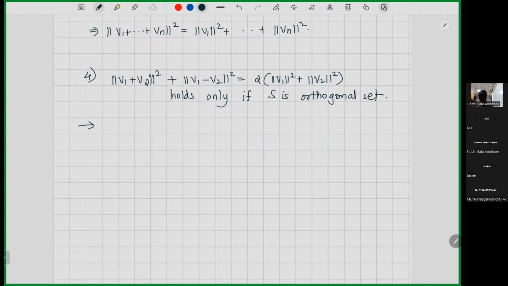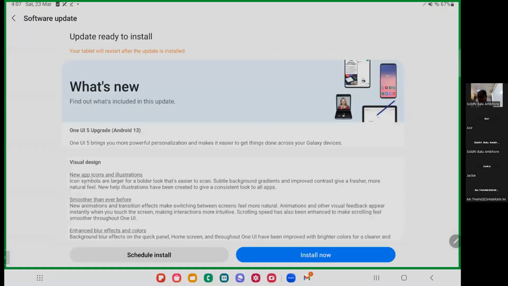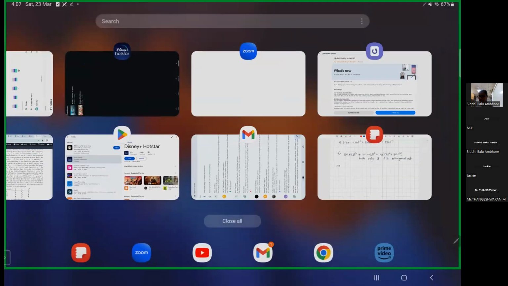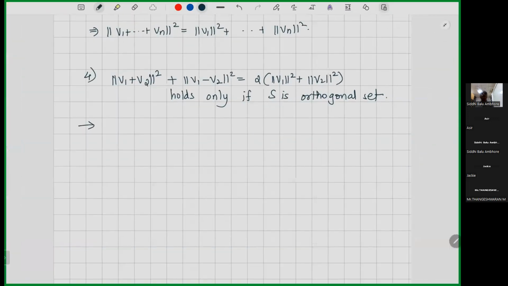Yeah, is that true? Because norm of v1 plus v2 square is norm of v1 square plus norm of v2 square from the Pythagoras theorem.